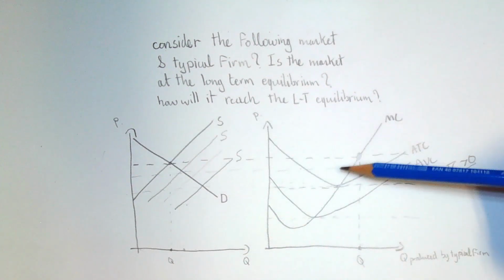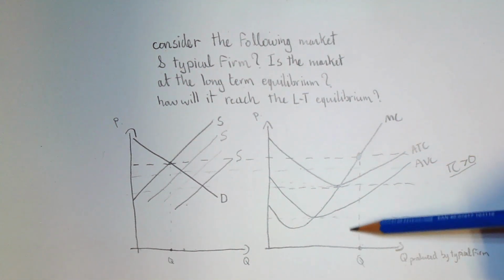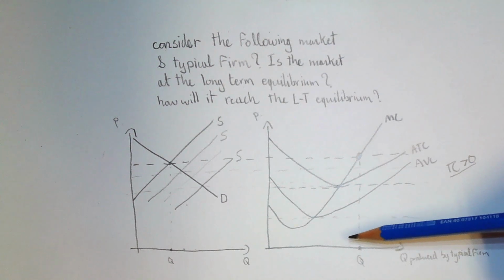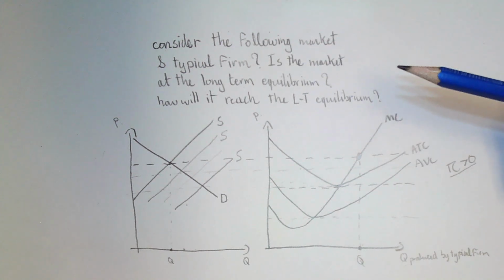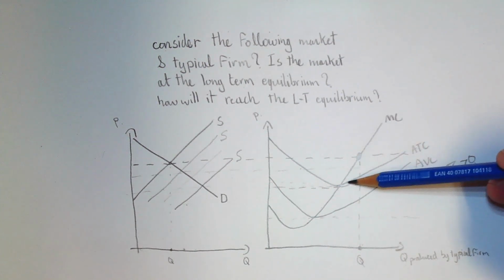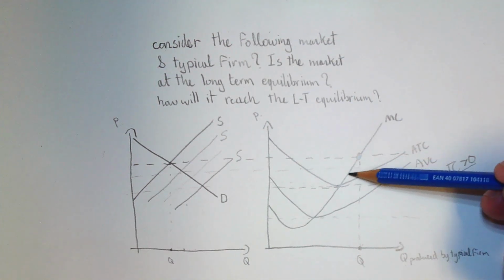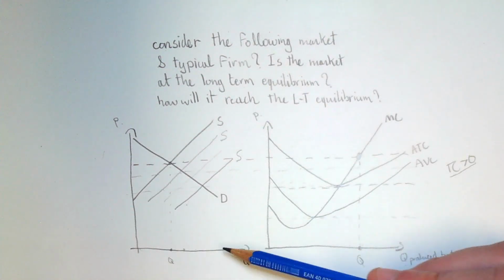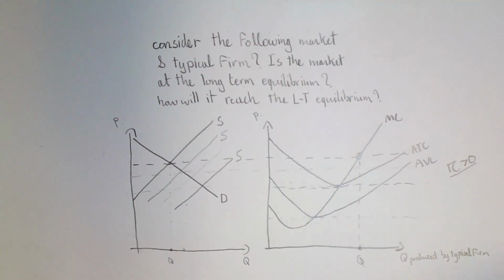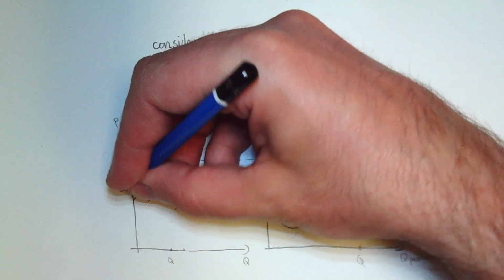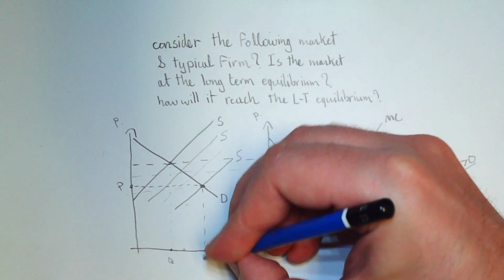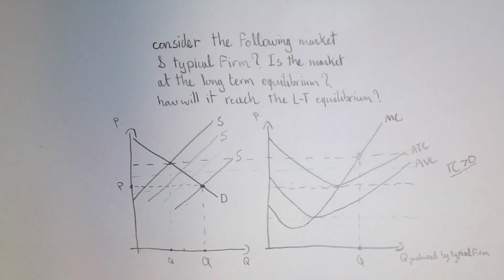But notice that the quantity produced by each firm will be decreasing. Why? There are more firms, but each firm is selling fewer units because there is more competition, and that's partly what is eating away at their profit. Each firm is producing less, but there are more firms, so the total quantity offered in that market is increasing. We reach a long-term equilibrium here, because the economic profit is 0 and there is no incentive for firms to enter or exit this market anymore. So then it would be stable.